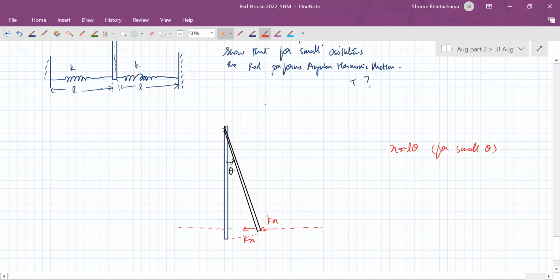And this is creating a torque like this. So that is 2kx into the moment arm, which is L cos theta. That equals ml squared by 3 alpha.